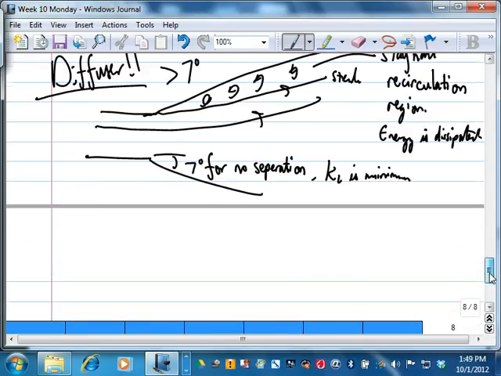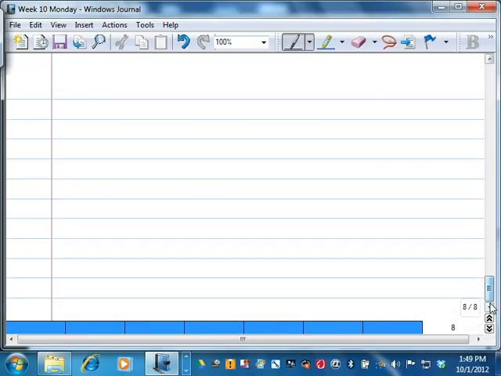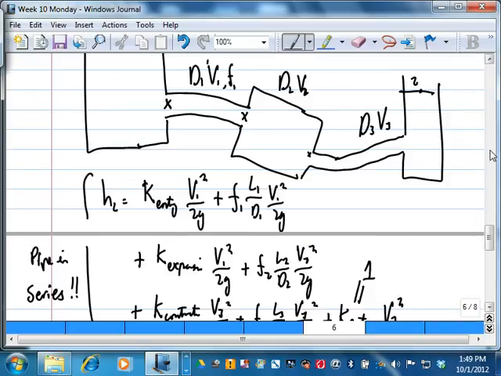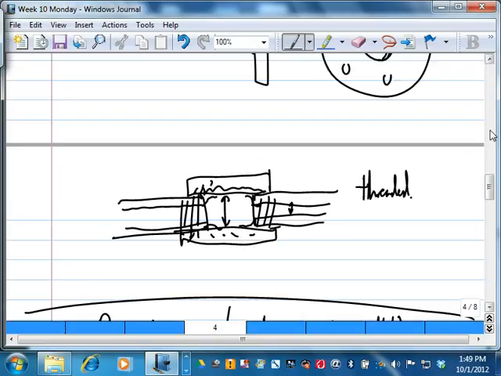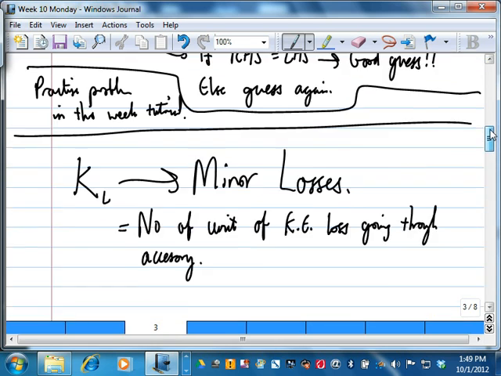Okay, so the final thing for discussion today is pipes in parallel. All right. So pipes in series, minor losses we've covered. So we covered those two things.